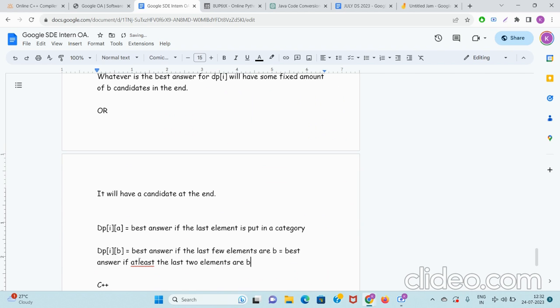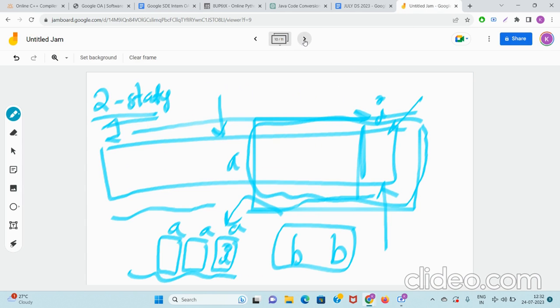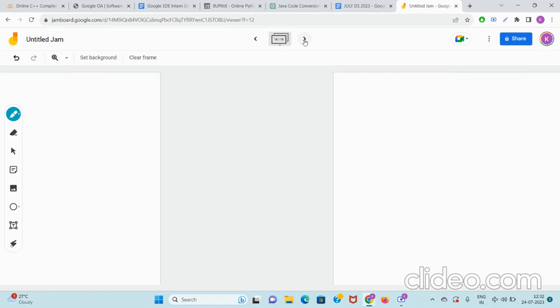Okay, guys. So DPI of A means the best answer till index I such that the last element is A, and DPI of B means the best answer such that at least the last two elements are B. So can you see the DPI of A formula is very easy?